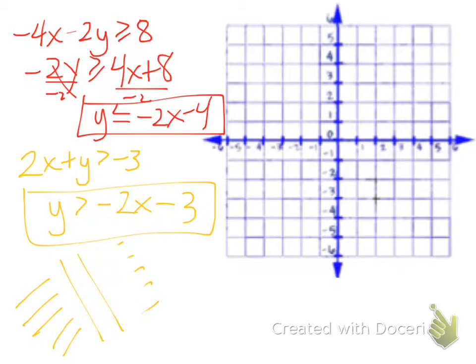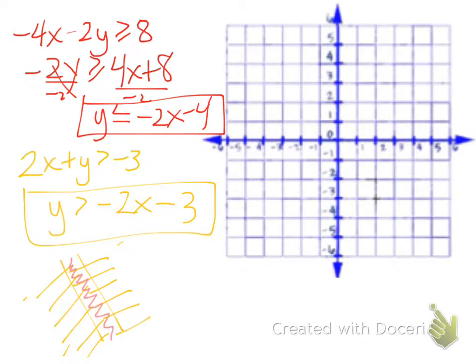However, if I have to shade both of them on the inside, let's say I shaded this line this direction and this line this direction, then that solution set would be just what's in between. Or again, I could be shading both of them to the right, so the solution would be just to one side of one of the lines. So again, don't make the assumption that just because they're parallel, they are a no solution.